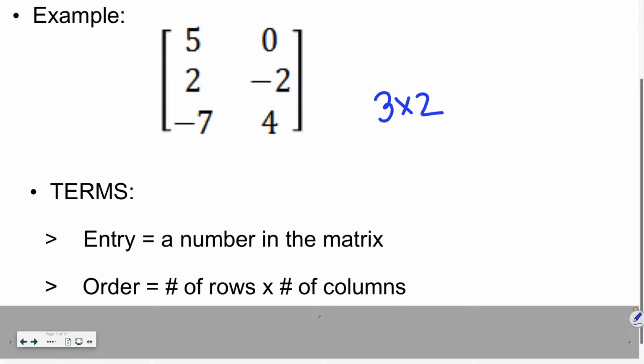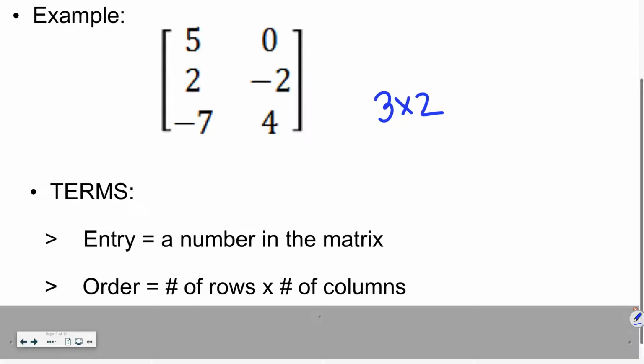Kind of like a piece of wood, right? Like a 2 by 4. Okay, this is how you would write it. Okay, so on the next slide there are 4 matrices.